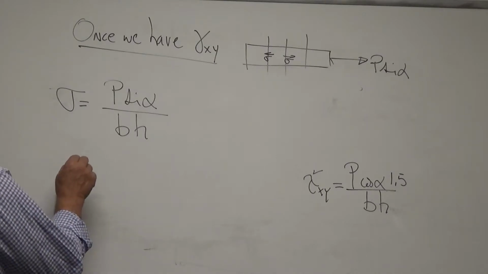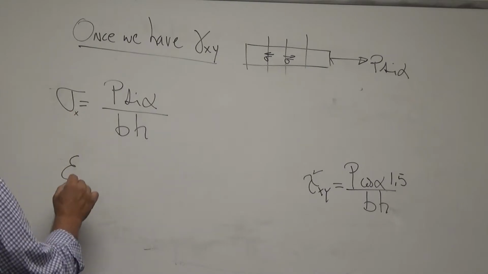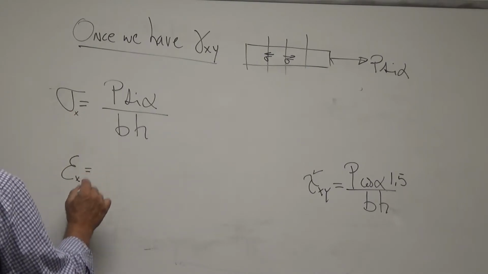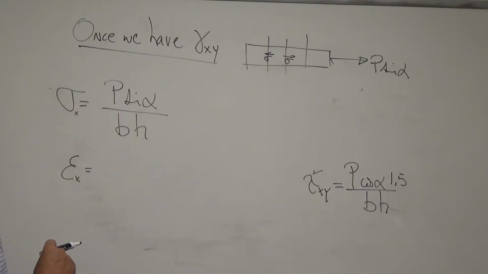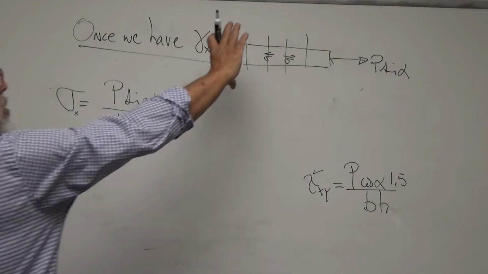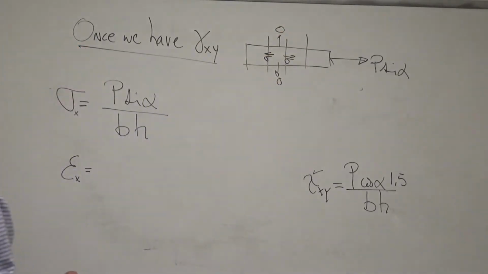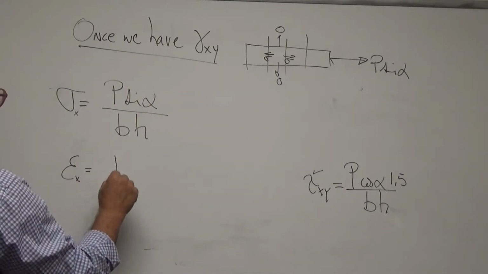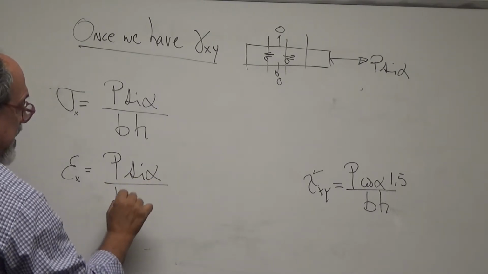And the strain that that stress gives, which is a sigma x, you can go to the stress-strain relationship in plane strain with epsilon y equal to 0, and you will find that for this case is where the trivial relationship works, or the simple thing of dividing by E. So this is just this.